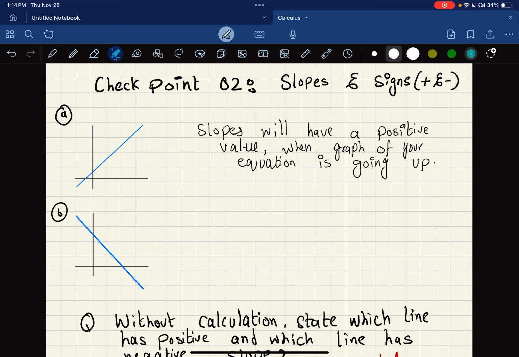Okay, so whenever you see that you're calculating the gradient and it turns out to be positive, also make the visual connection that the graph must be going up.